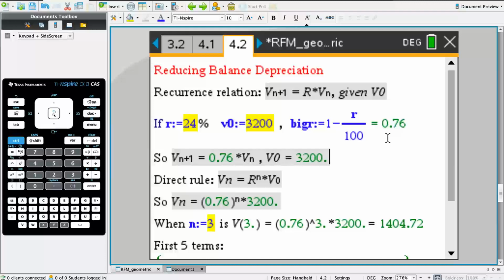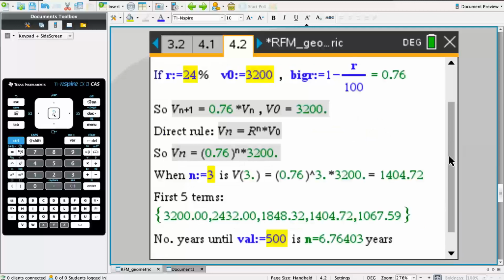That's the way of thinking about it. If the multiplier is less than 1 in all the stories that we do, that will mean there's a decay or a decrease in the value. Okay. This template will also calculate terms and also do the solving for you if you wish.